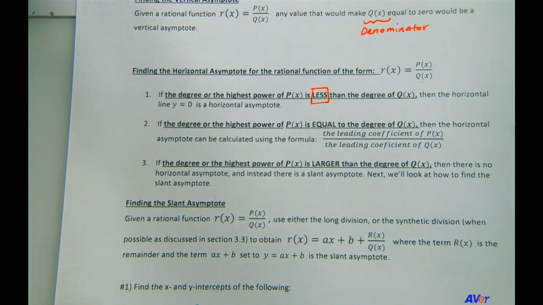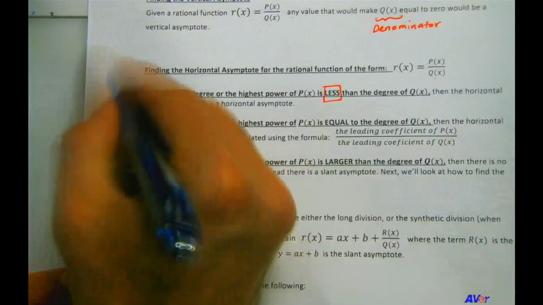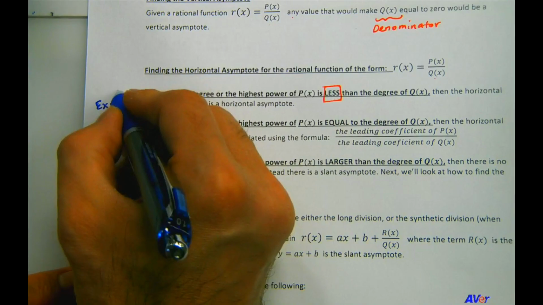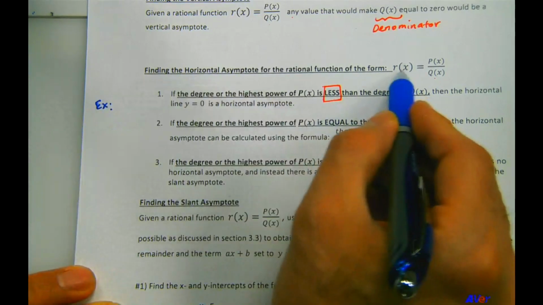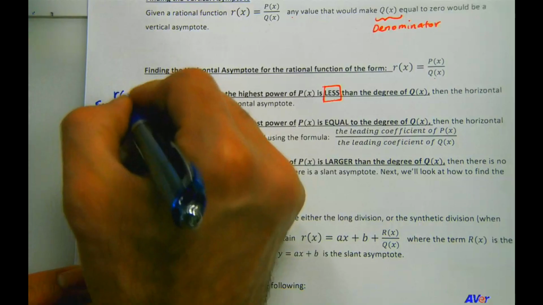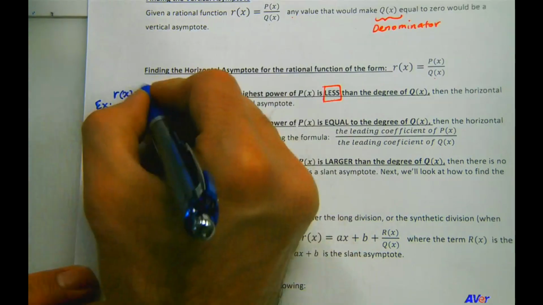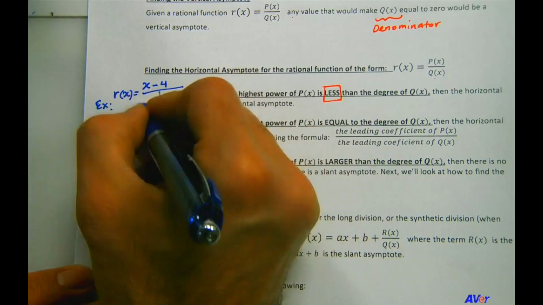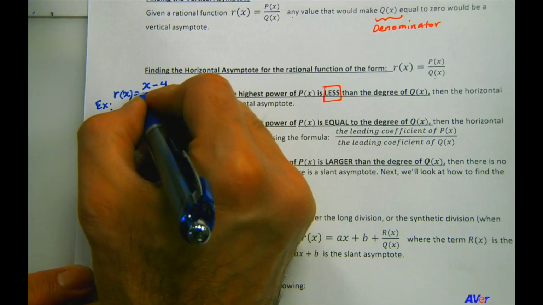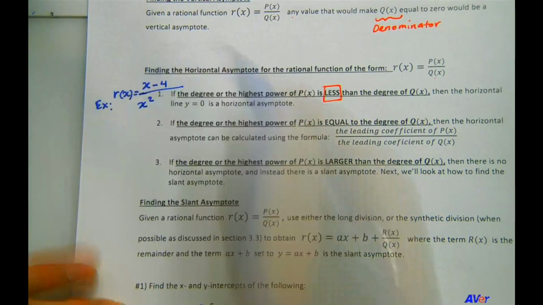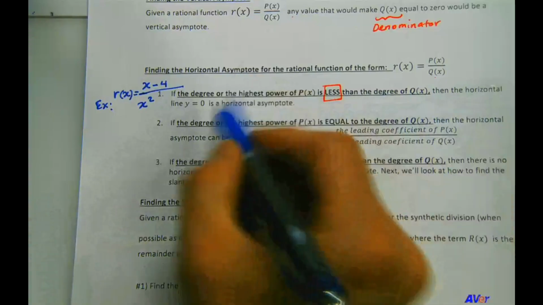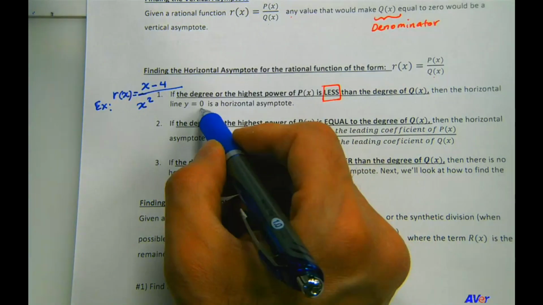So what would be an example of this kind of situation? I'm going to use r of x just to be consistent. If r of x is equal to x minus 4 divided by x squared, a rational function like this will give us a horizontal asymptote at y equals 0, the x-axis.